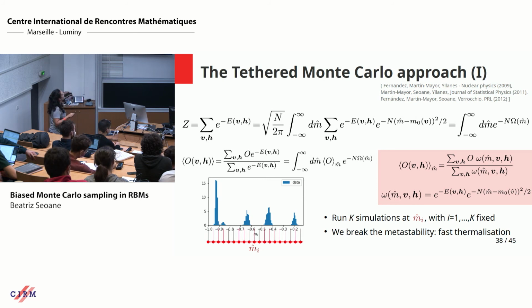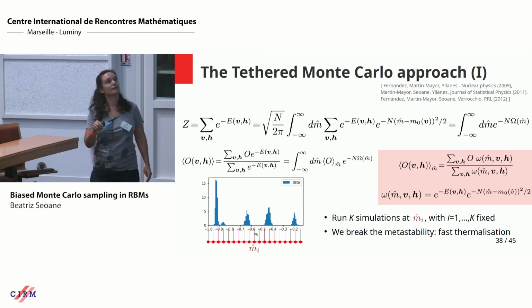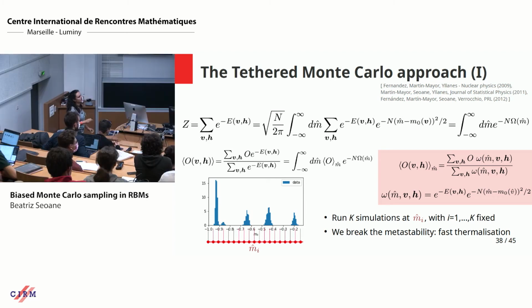The idea is we can see it just as a trick. We have the partition function. If we multiply our Gibbs probability by an exponential very peaked around a given value of the magnetization, and then integrate it out over all the possible magnetizations, we get exactly the same thing.